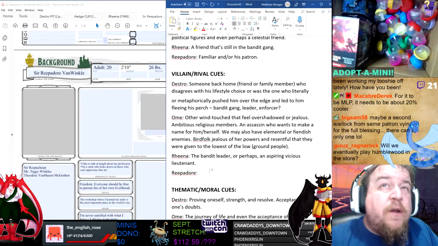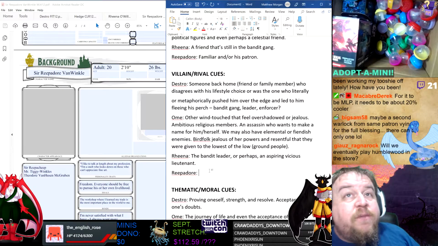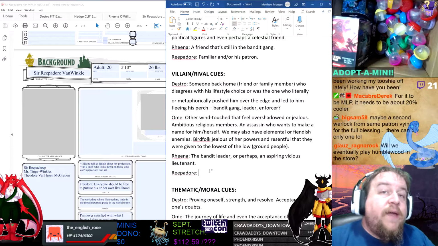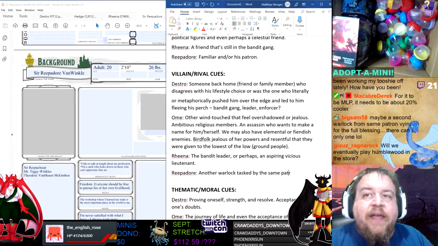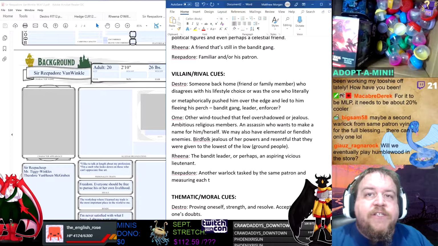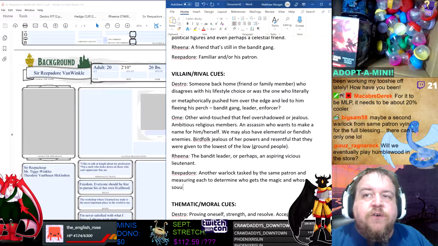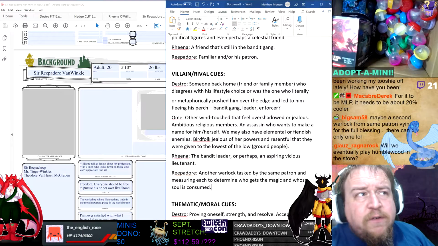I mean, depending on how you want to portray the patron, it could be a rival or a villain, or we could have a rival or villain with another warlock tasked by the same patron and measuring each to determine who gets the magic and whose soul is consumed, or something of equal value.